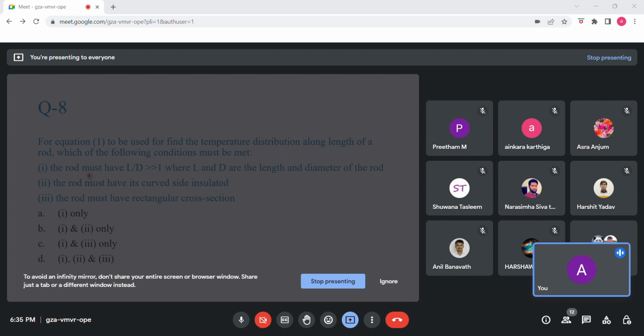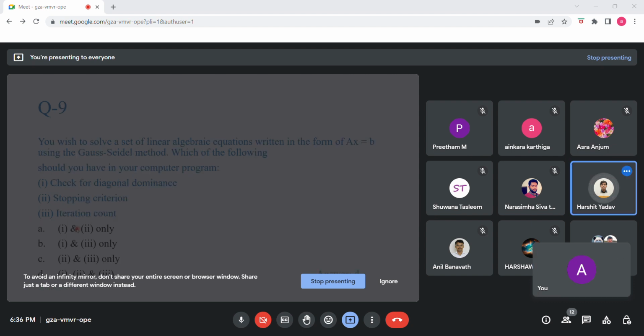So option 2 and option 3 need not be satisfied for using equation 1, whereas option 1 must be satisfied for sure to use the condition of a one dimensional problem. So option 1 must be met, that is 1 only. So option A is the right answer.